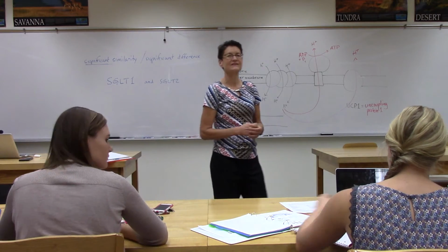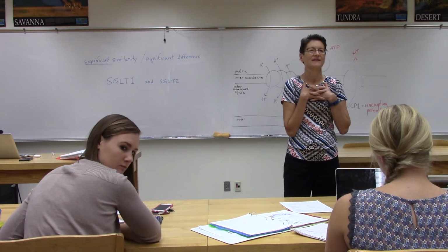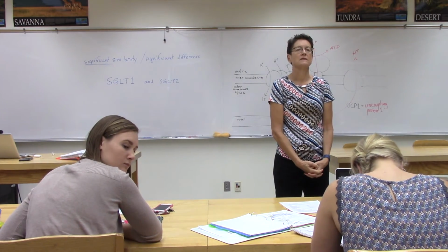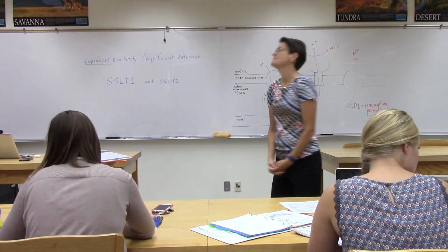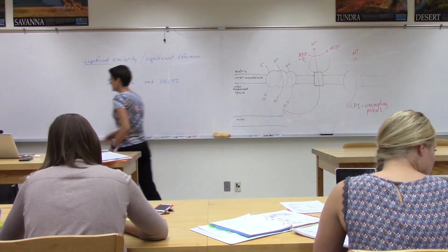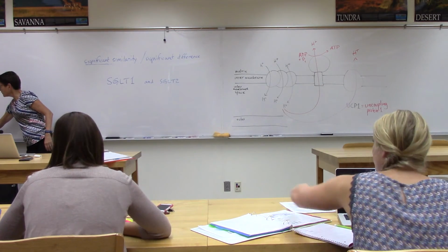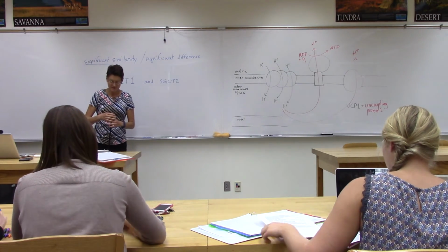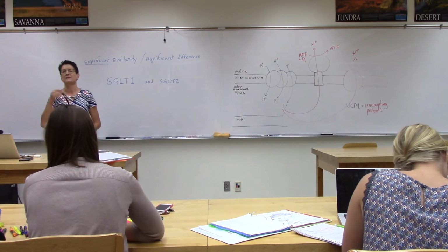For number 19, what is the significant difference between the calcium pump in cardiac muscle and that in skeletal muscle? That's a good question. The calcium pump in cardiac muscle that I'm thinking about is the one on the plasma membrane.